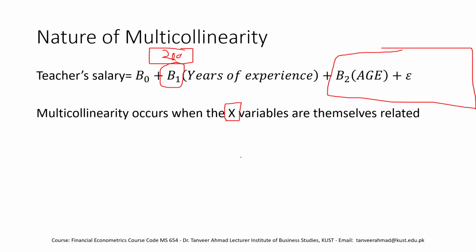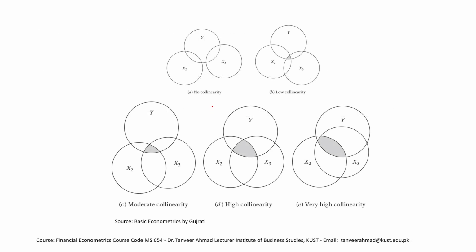Let's explain this with the help of this Venn diagram. Over here we have a dependent variable and two independent variables. This part is the part of the y variation that is explained by x2. This part is the variation in y that is explained by x3. Let's move towards the second diagram.